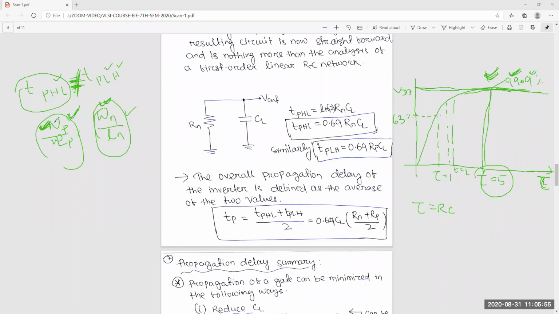Okay, so generally what happens, I'll show you in the next curve. By increasing this value, finally we will get these two equal.